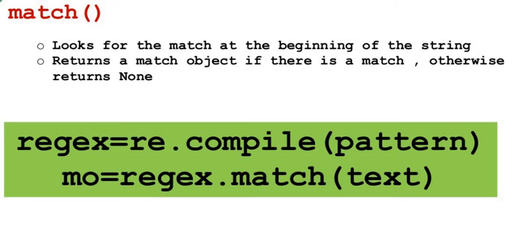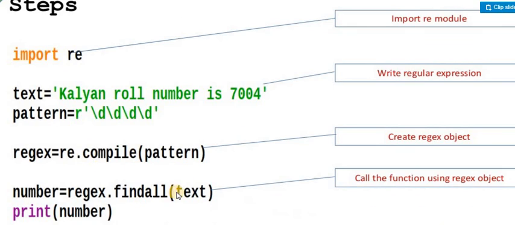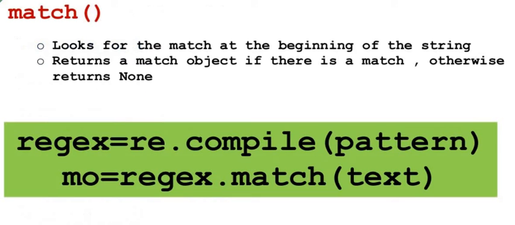Now what is the syntax for that? regex, that is the object that I am making, is equal to re.compile with the particular pattern that we have already done here, and mo, which is one variable, is equal to regex.match, meaning it will match this particular pattern with the text. So match is the function that will find the particular string.